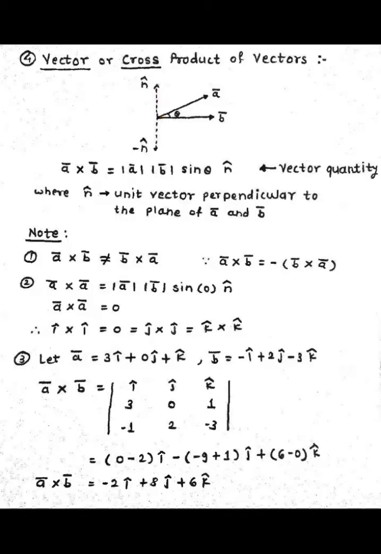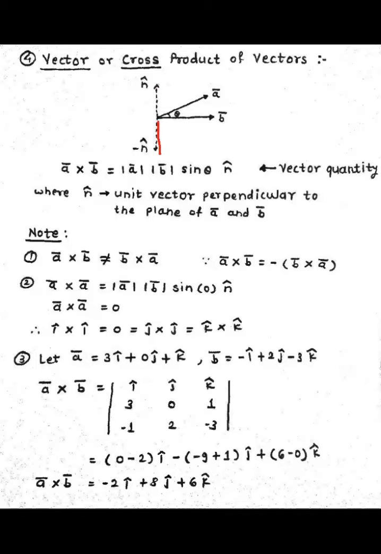Similarly, if the screw is rotated from the first vector a bar to the second vector b bar in a clockwise sense, then it will go in, indicating the direction of minus n cap.